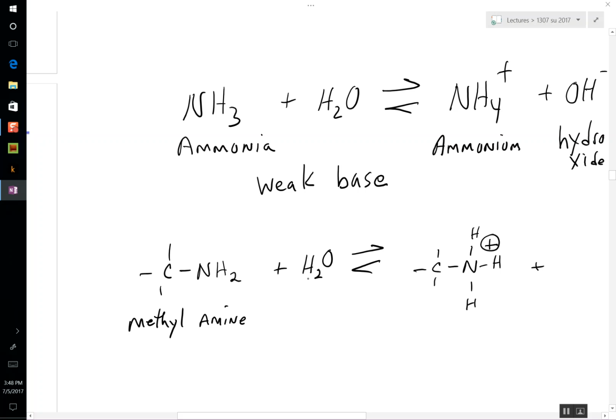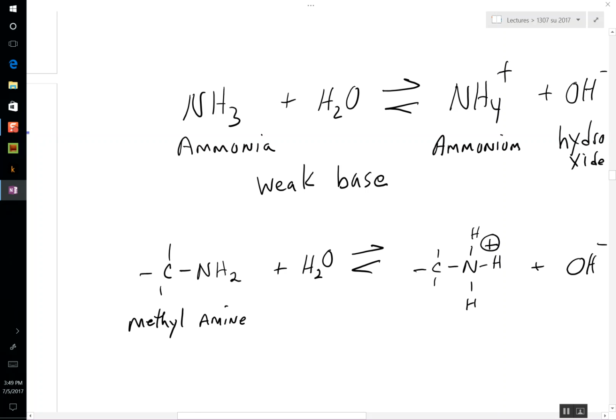We're taking one of the hydrogens off of this water, and it's being attracted to this nitrogen on the amine, just the same way that hydrogen was attracted to that nitrogen in ammonia. And what's left over? If we take a hydrogen off of that water, what's left over? Subtract a hydrogen from H2O. OH.